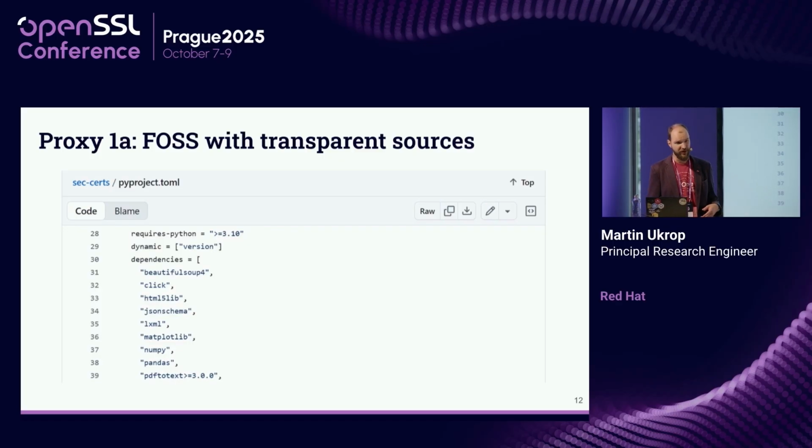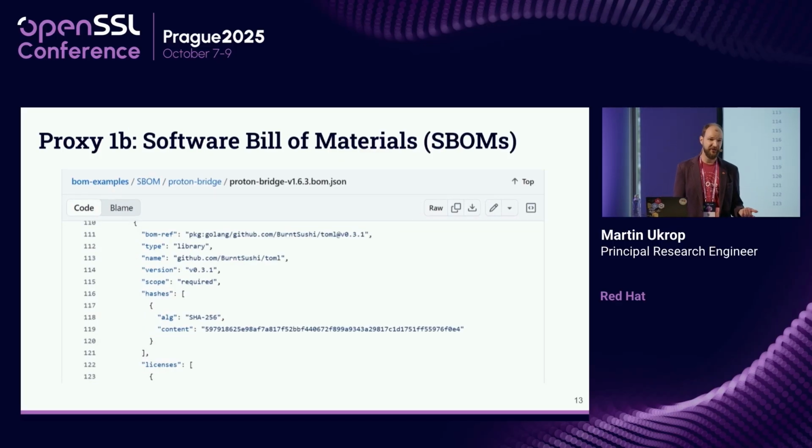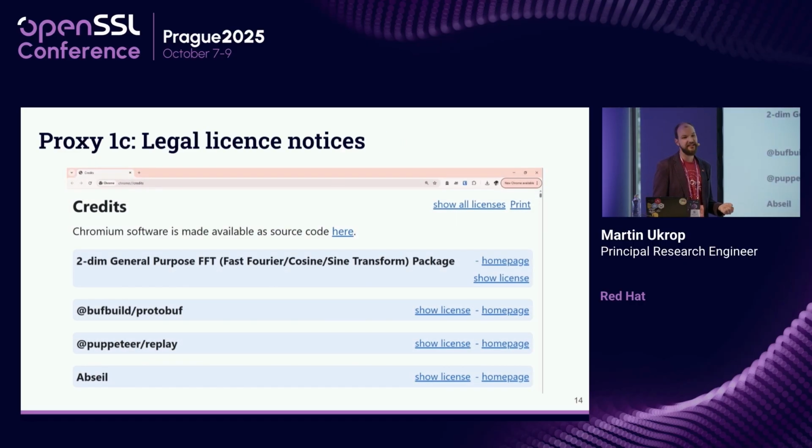For proprietary software, the recently emerging bill of materials, or software bill of materials, information may come in handy and may leak that they use your software even if your software is open source and they didn't let you know, because they can. A third component information that is relevant is legal license notices, because if your software is GPL or similar, whoever uses it might legally need to acknowledge that they are using your software, sometimes even with a particular version. But harvesting this data is kind of complicated and usually not automatic.